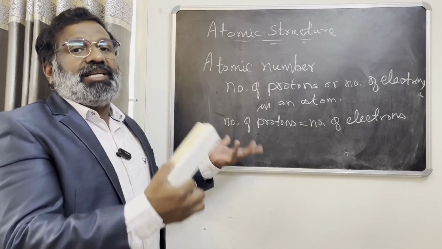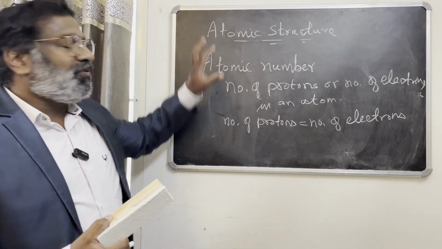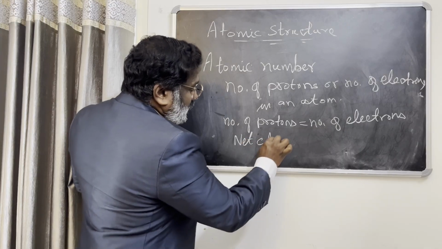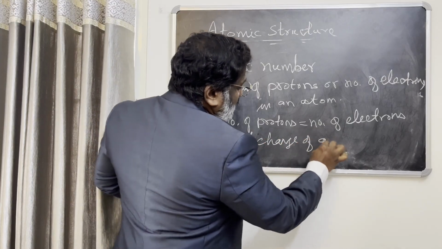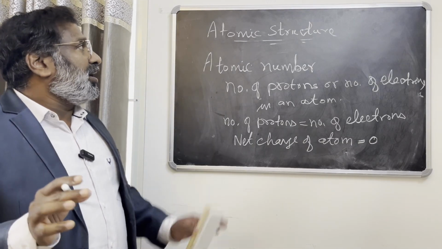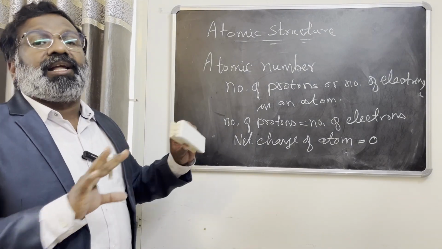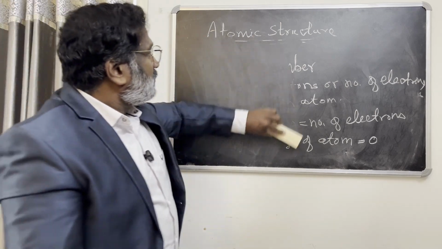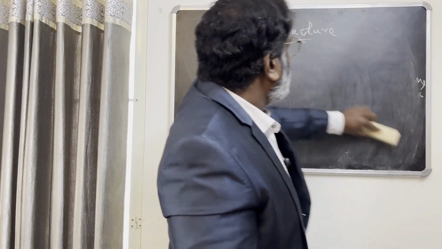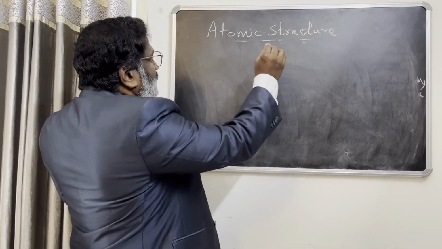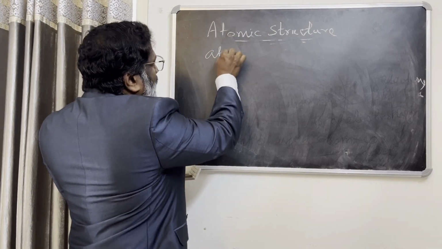They both will cancel each other, leaving the net charge of an atom as 0. So the net charge of an atom is equal to 0. So we can say an atom is electrically neutral. Clear? Say consider an atom. For example, consider an atom which has atomic number 20.